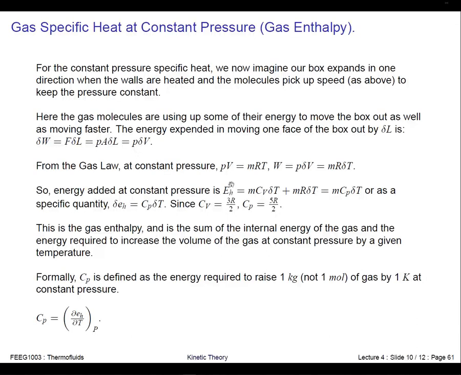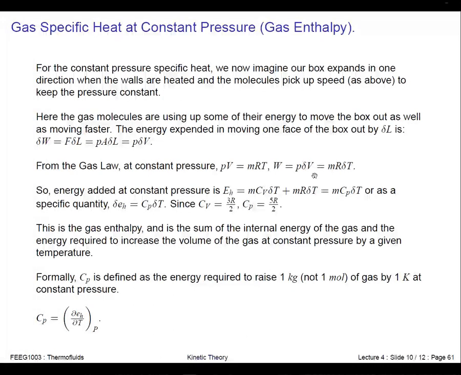So if we say this is our gas law, and if we want to differentiate this during a constant pressure heating process, the pressure stays the same, and we end up with a small change in volume, and a small change in temperature because the mass is the same and the gas constant is the same.